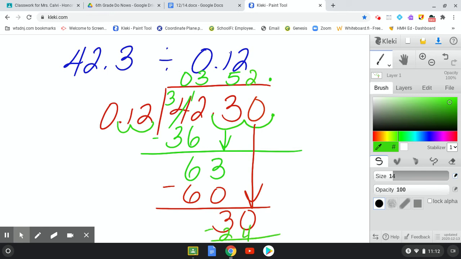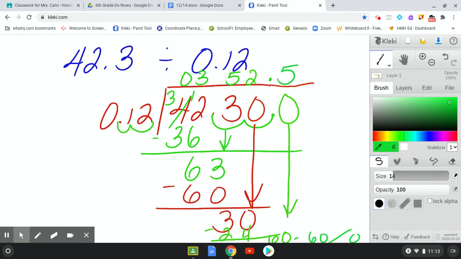I'm going to subtract. I'm going to be left with 6. Now what I'm going to do is add another 0 behind that decimal and bring it down. So now this is 60 down here. So now 12 goes into 60 exactly 5 times. 5 times 12 is 60, so I would subtract 60 down here and get to 0.